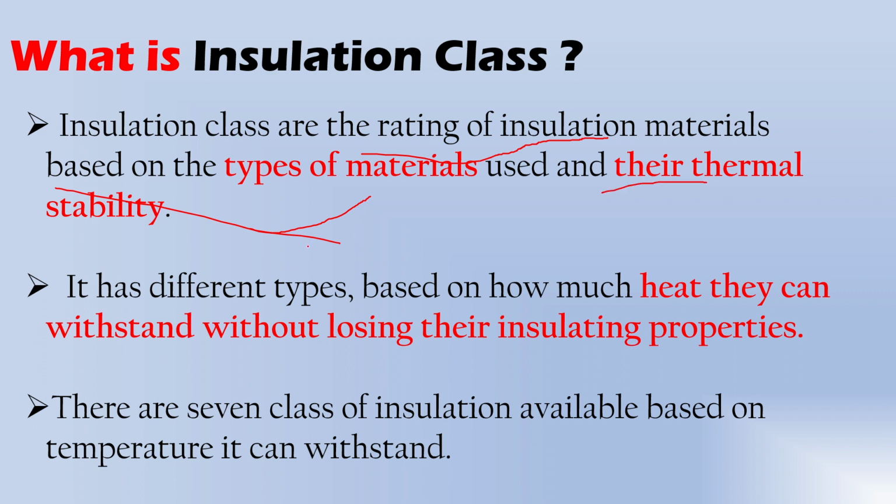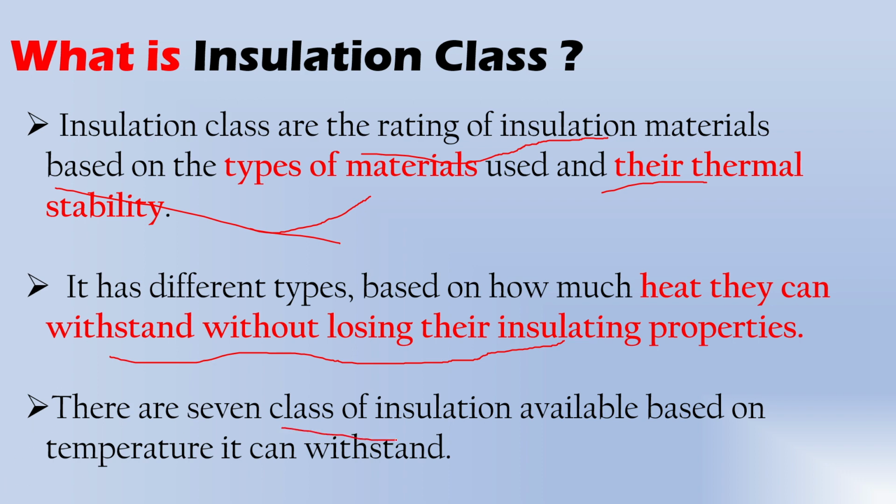It is linked with the first point, and it has different types based on how much heat they can withstand without losing their insulating property. This is a major property of insulating materials: they should withstand certain temperatures without losing their insulating properties.